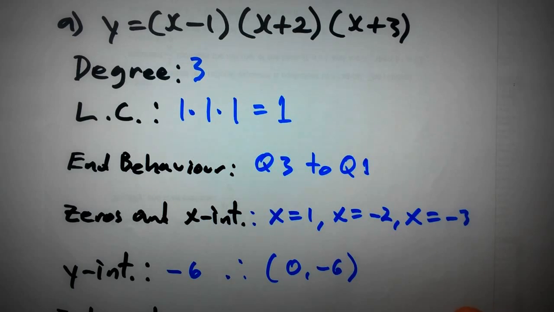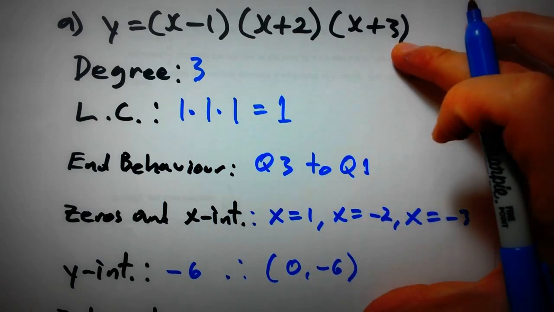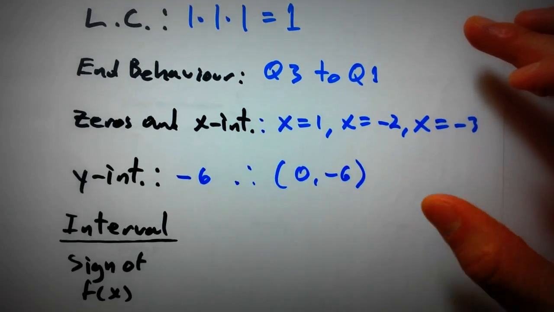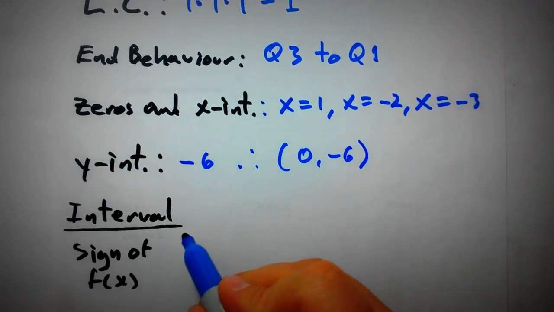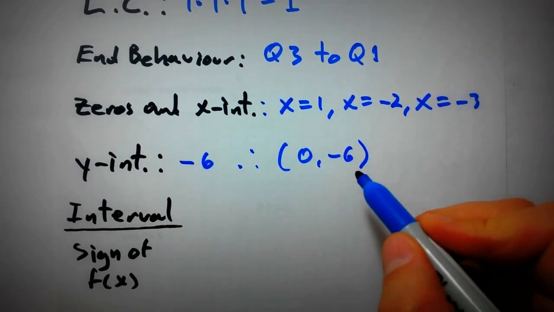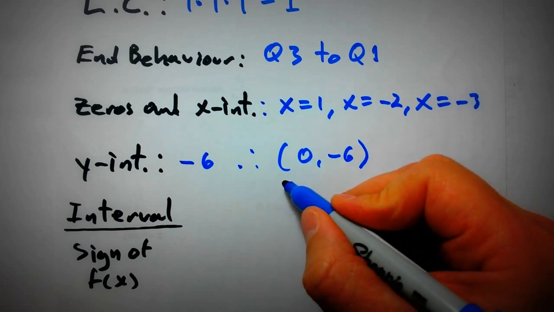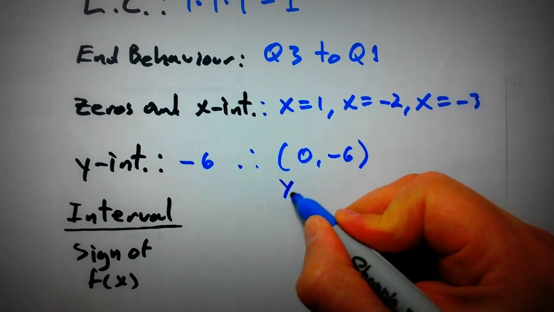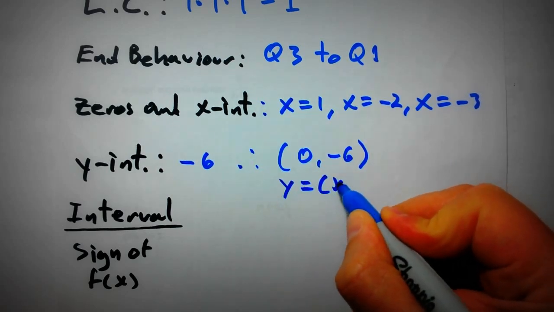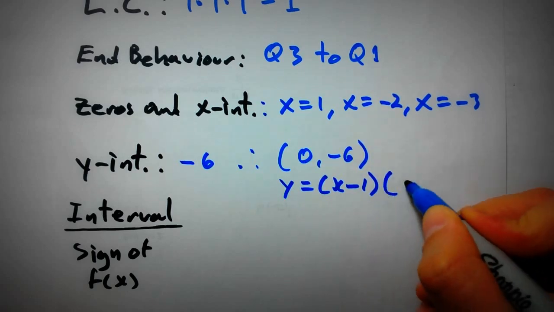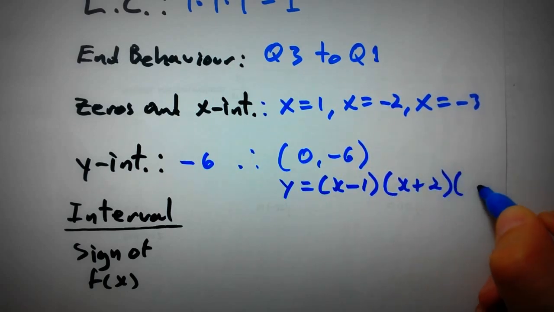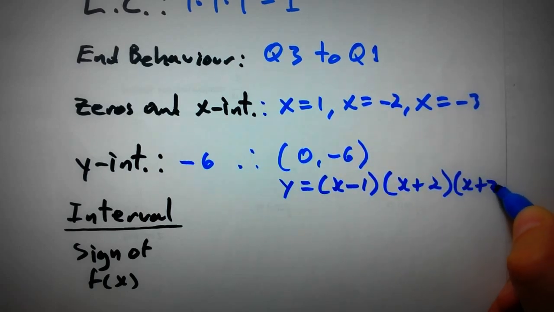Okay, then the next thing we do once we've collected this data is make a table in order to examine the intervals. I'm going to write this down as a reference here: y equals our original function, x minus 1 times x plus 2 times x plus 3, just so that I don't have to move up and down for this.